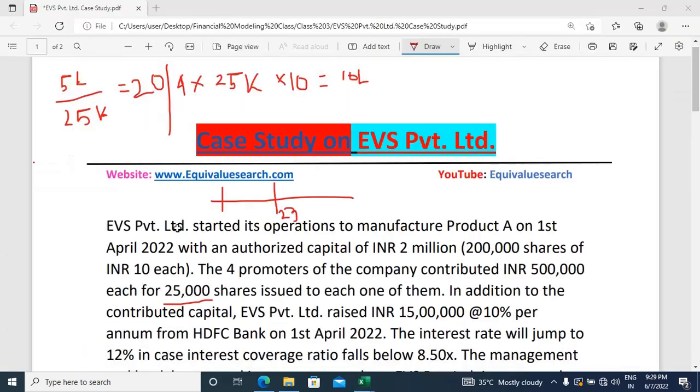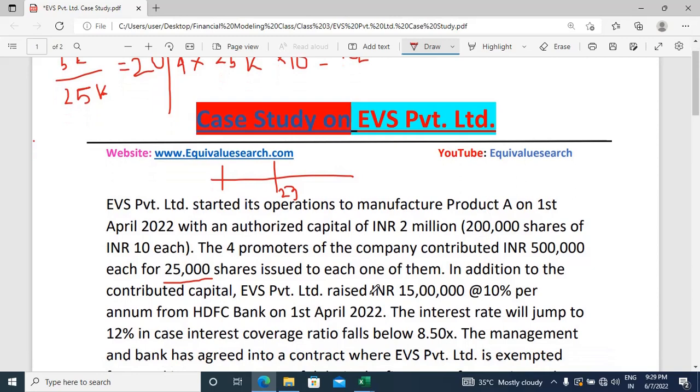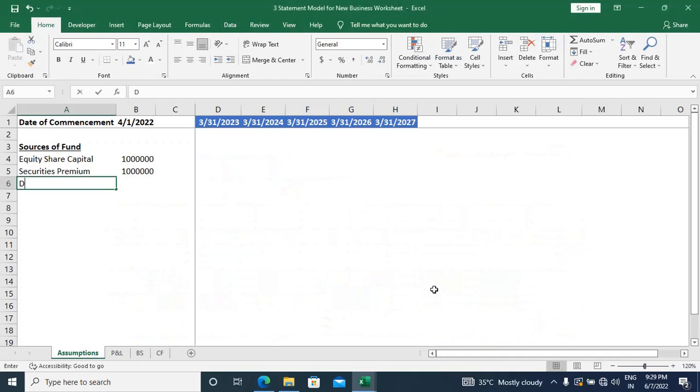Now this company raised a debt, so the equity part is done for our thing. Now this company also raised a debt of 15 lakh at the rate of 10% per annum, right? So let us now do it. Debt at the rate of 10% per annum.